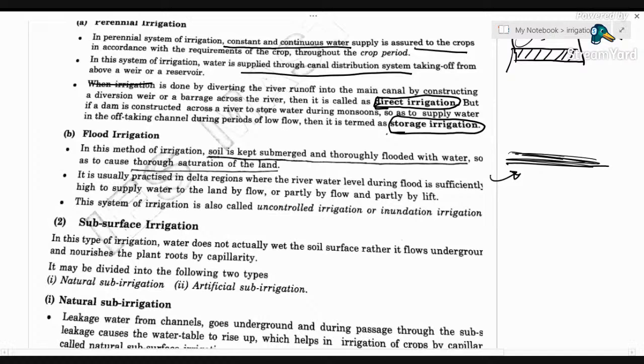In that region we go for flood irrigation. Generally we see it in rice, where the entire area is flooded and the water is stagnant on the surface. That kind of irrigation is called flood irrigation. Sometimes it is also called uncontrolled irrigation or inundation irrigation.